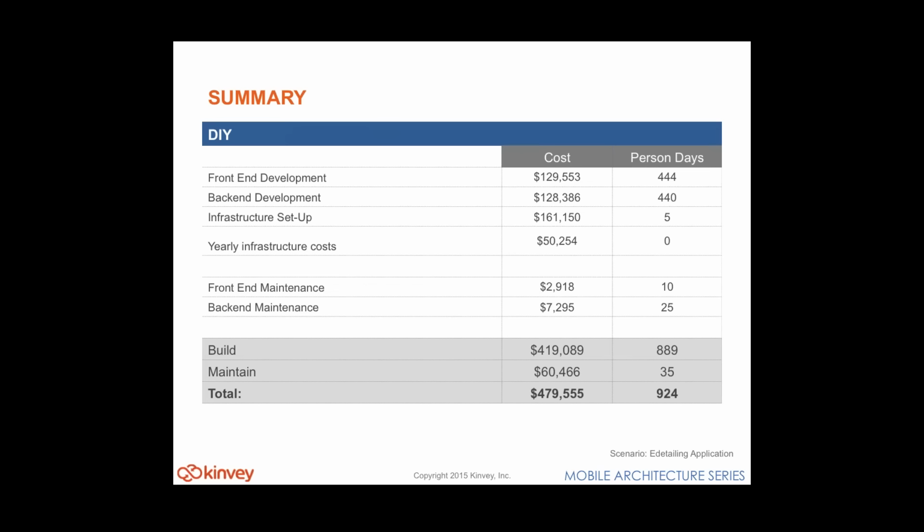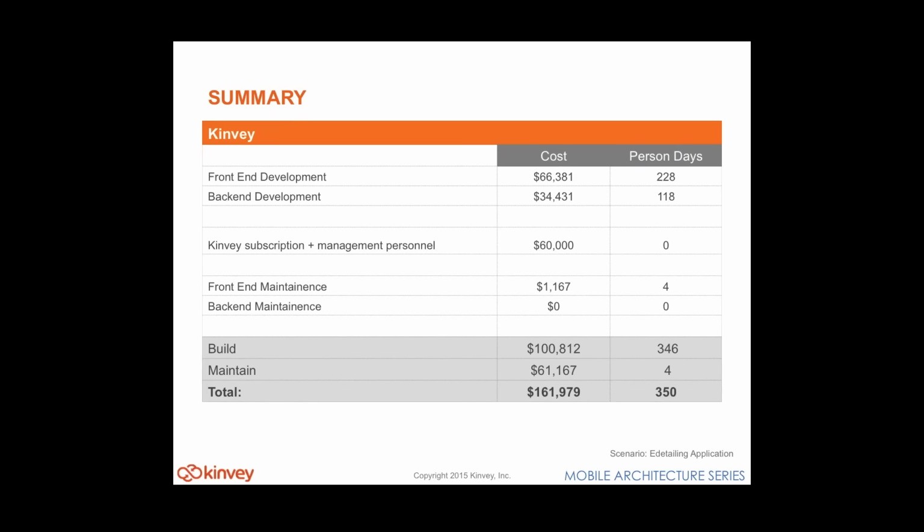And you can see that overall it ends up being almost $500,000 for deploying an enterprise-grade application that's similar to our e-detailing application. That ends up translating to 924 person days, and if you have multiple developers on it, then it doesn't actually have to be years of your development time, but it's in terms of person days and overhead that it's actually costing you.